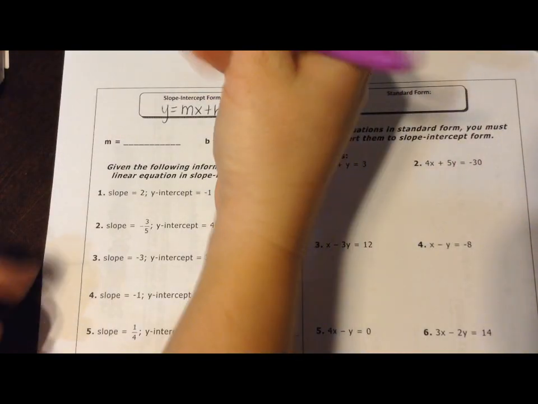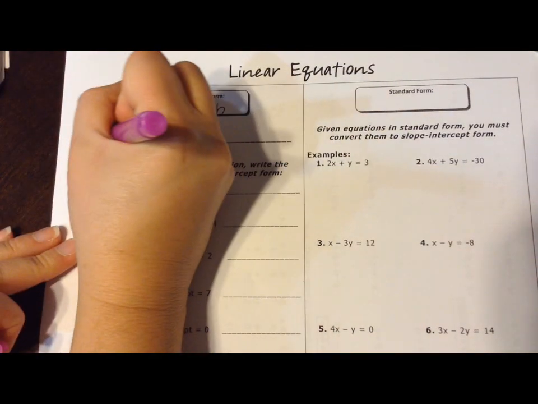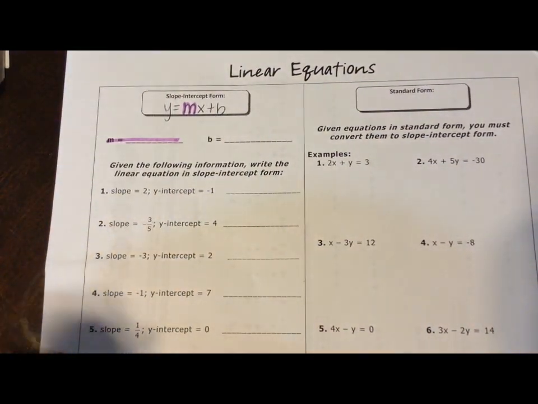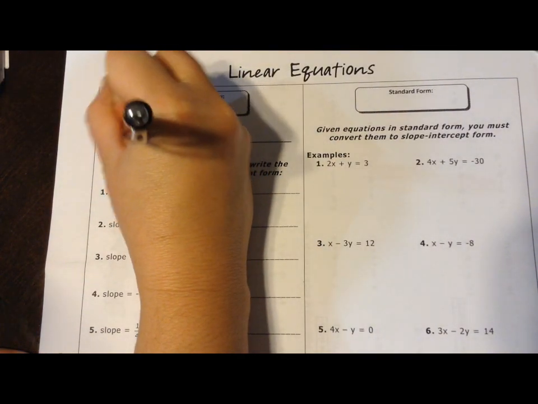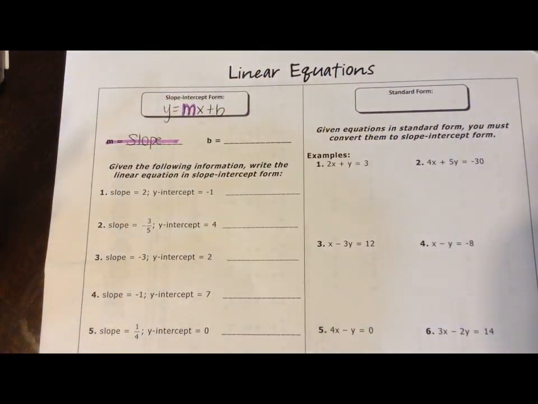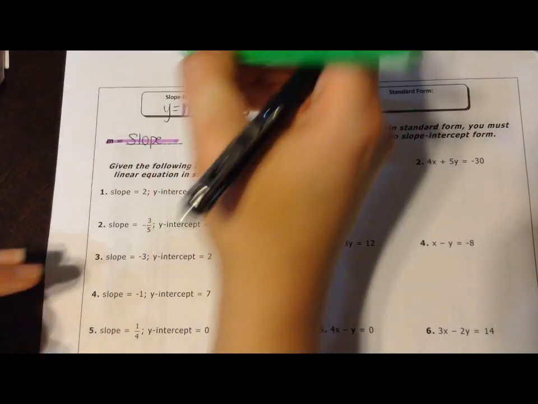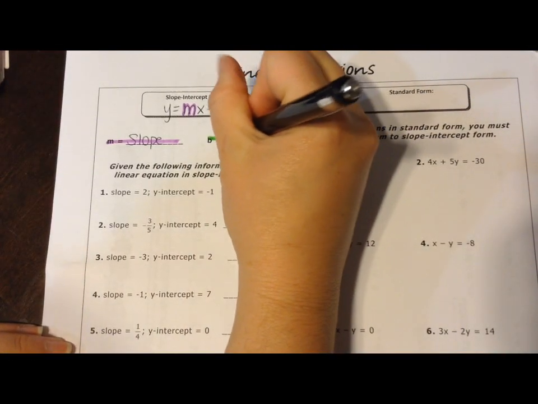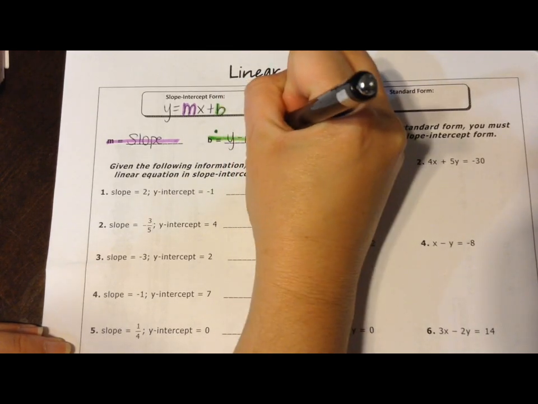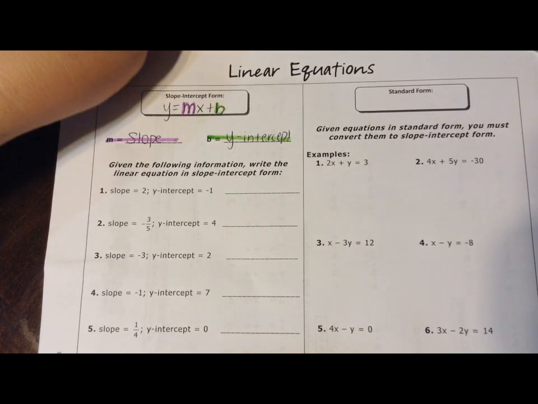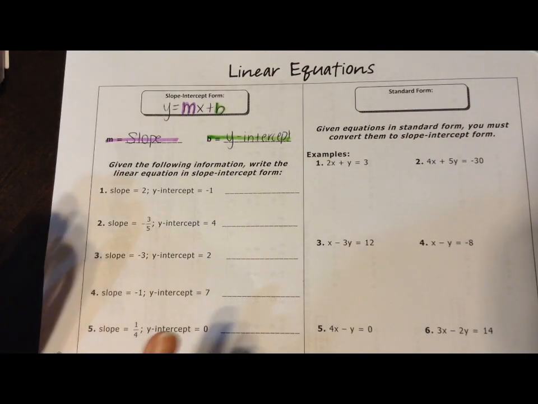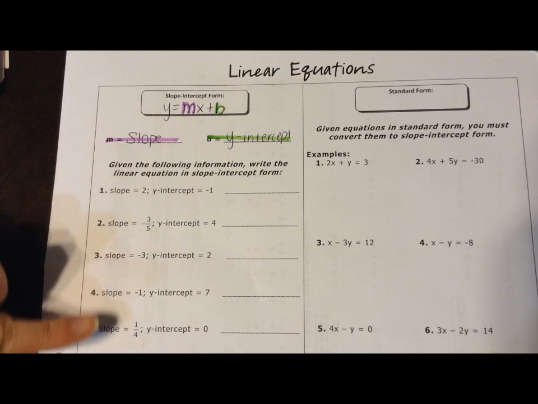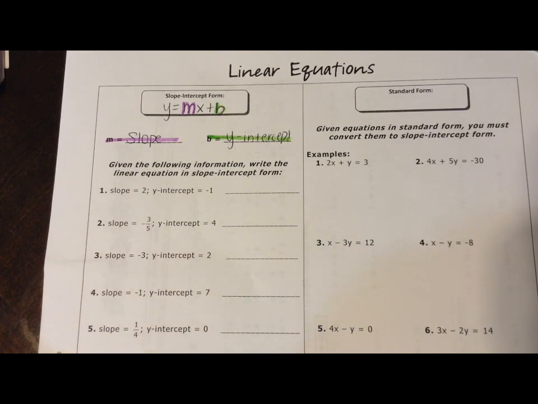Remember, your m is your slope, and your b is your y-intercept. So all we're doing right now is taking the information here and just throwing it into an equation.